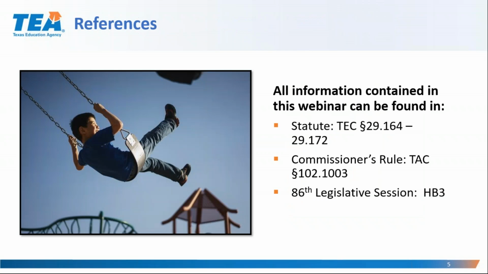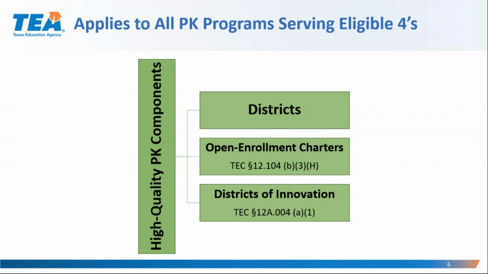All the information contained within this presentation comes from at least one of the three sources listed on this slide. Please note that the high-quality pre-kindergarten components are applicable to all programs, districts, open enrollment charters, and districts of innovation that serve eligible 4-year-old students using foundation school program funding.